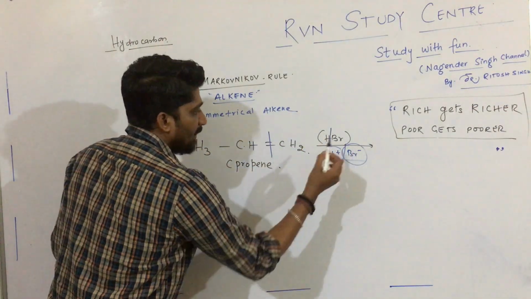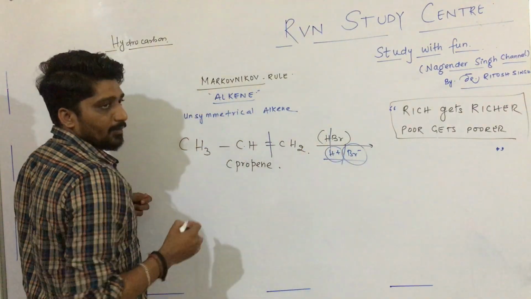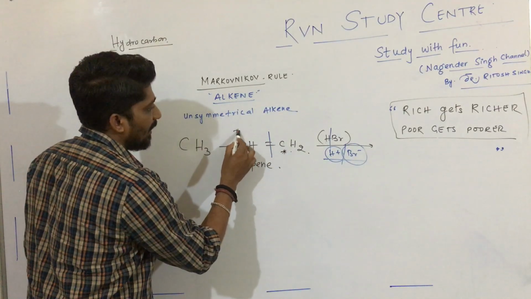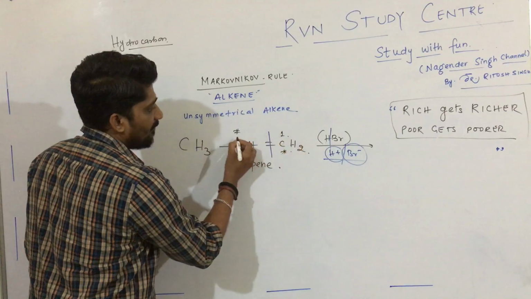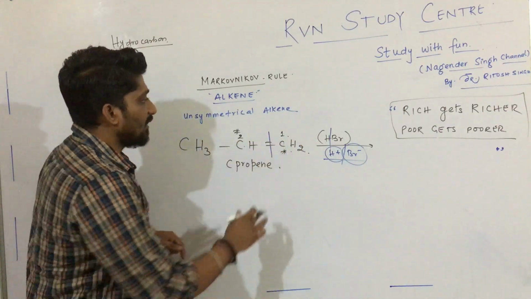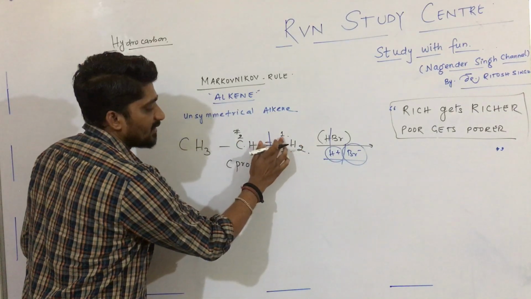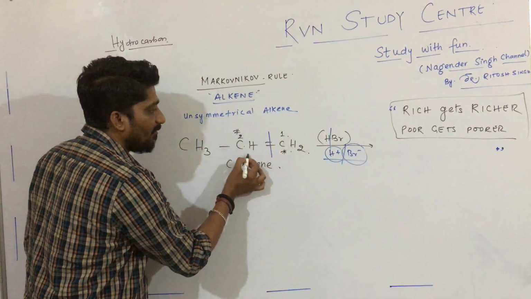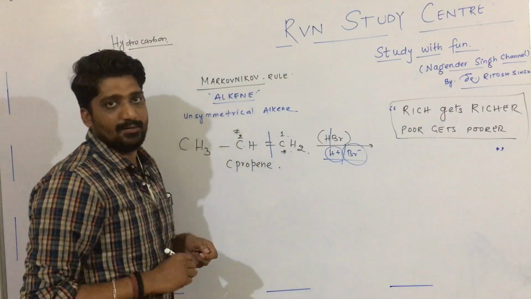Now see here, within 2 seconds you will get the product. This H, this Br bond is going to break. Now with which carbon? Let's call them first and second carbon. With the first carbon we have 2 hydrogens. With the second carbon we have only 1 hydrogen.